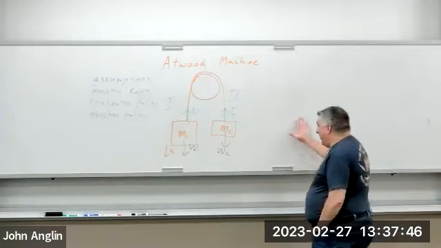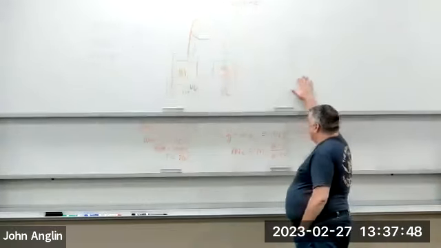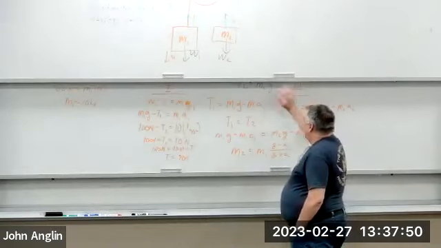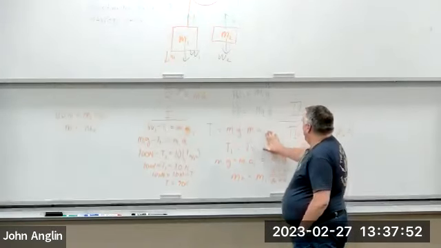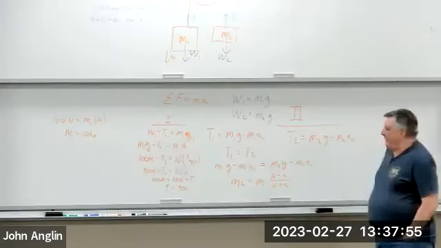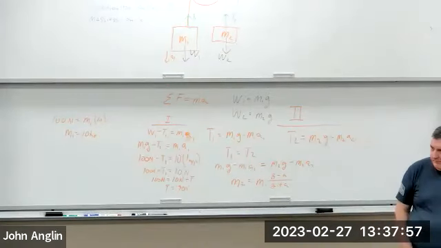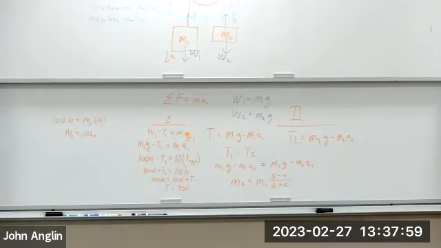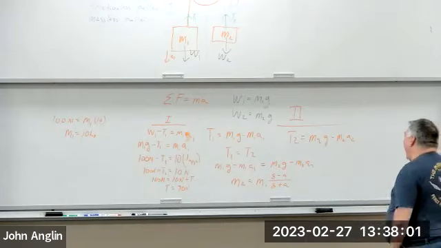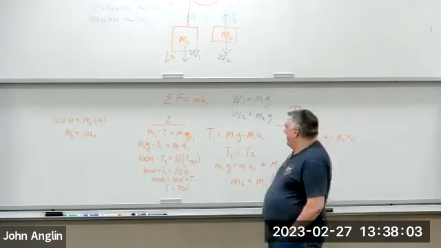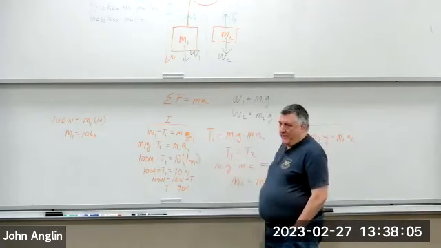So we draw our picture, label our vectors, basically do our free body diagram, and then we solve two sides of the problem. Set up side one, side two. All of them solve with sum of the forces equals MA.